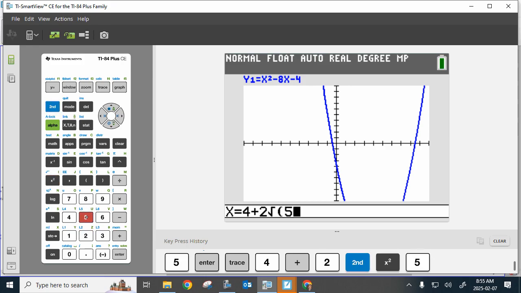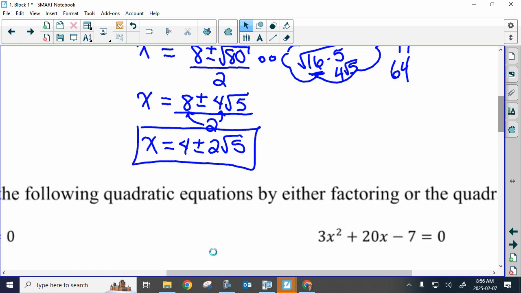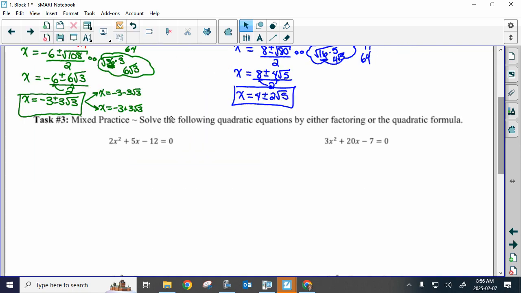Your calculator wants to give you rounded values all the time. You have to find the precise values, and you can verify it with your calculator. And I can see the y is equal to 0, because when we're solving a quadratic equation, we're finding the x-intercepts, or where y was equal to 0 on the quadratic function.